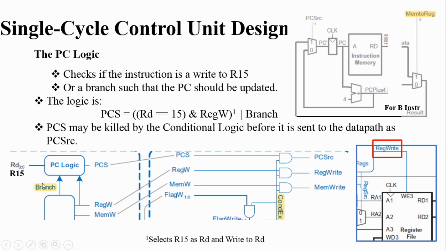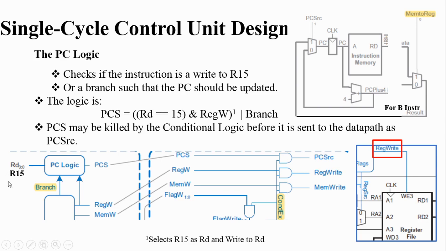So here you can see this is a PC logic. PC logic decides what needs to be done with the PC source, whether it is based on writing value directly into the destination register known as R15, right? So these four bits, RD 0 to 4, are used for representing the destination register. You have already seen.